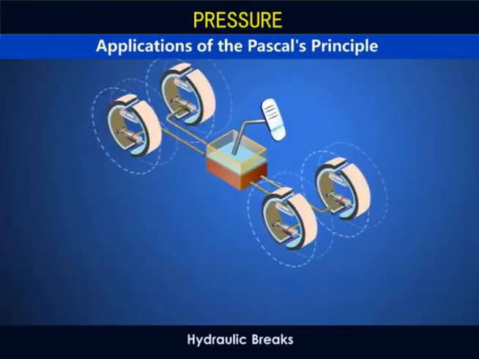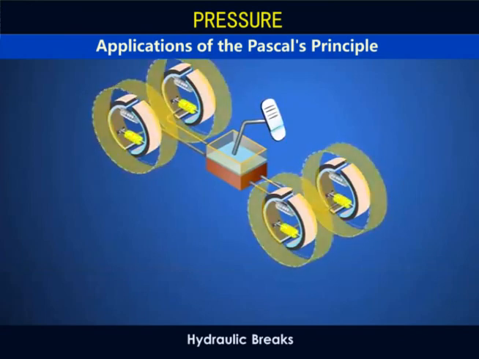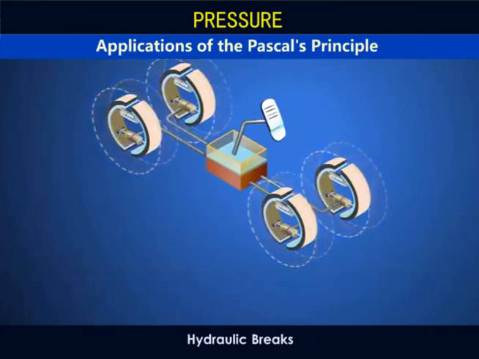The master and slave cylinders are connected by a thin copper pipe that we call the hydraulic line. Brake oil is filled in the master cylinder and the slave cylinder and are fitted with airtight pistons. The master cylinder is connected to the brake pedal. The brake cylinder pistons are connected to the brake shoes in each of the wheels.